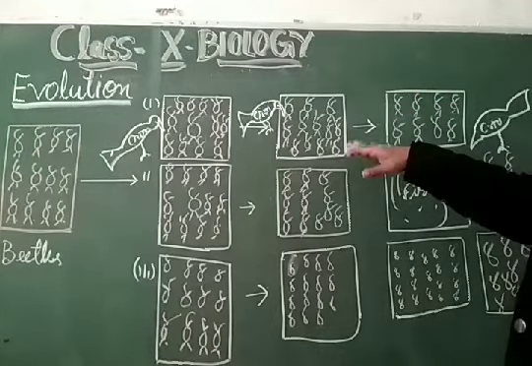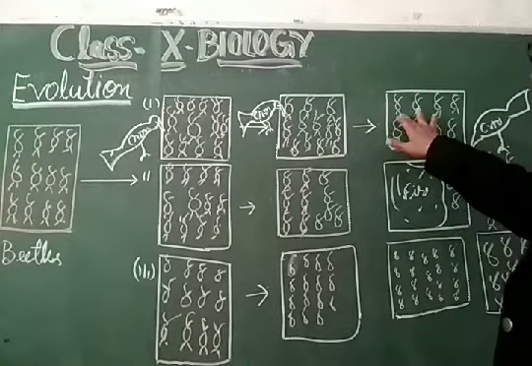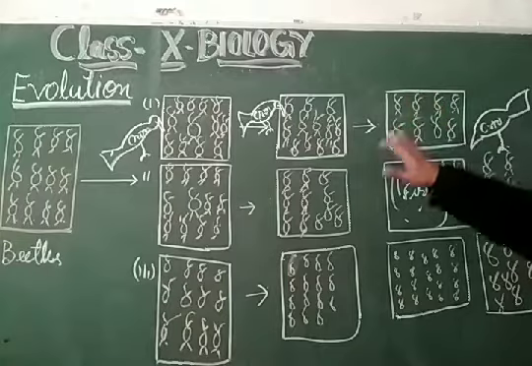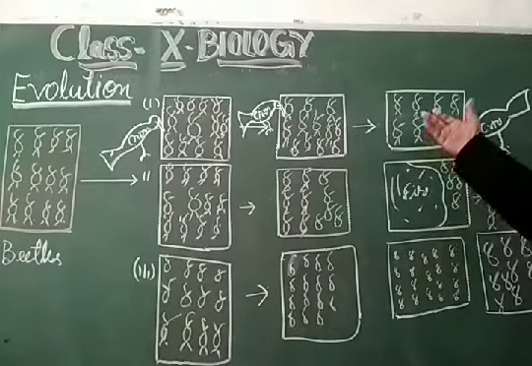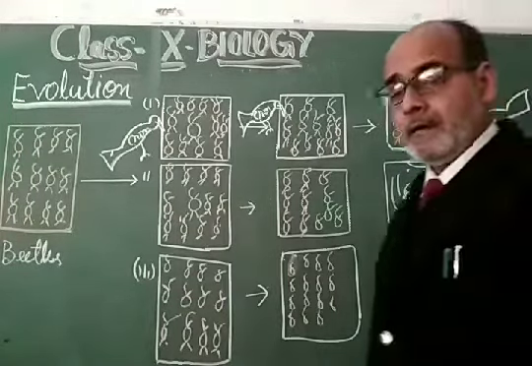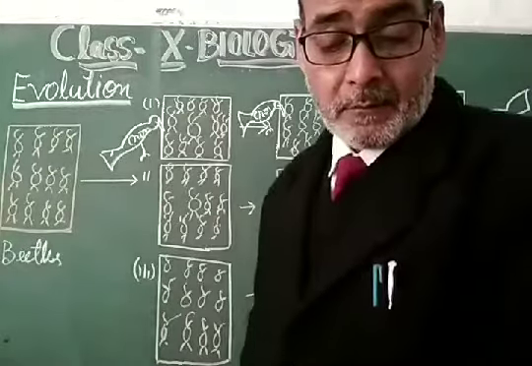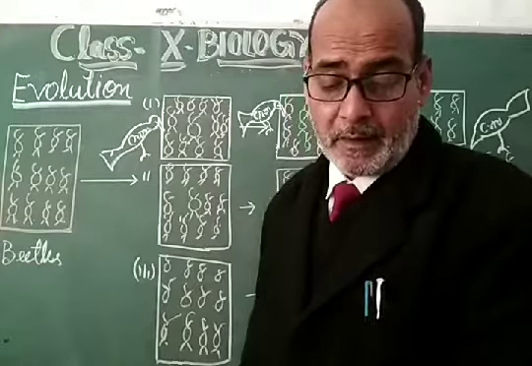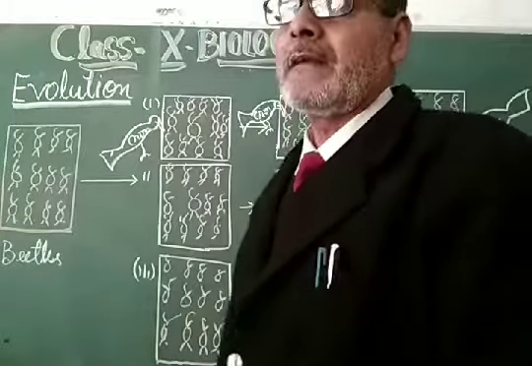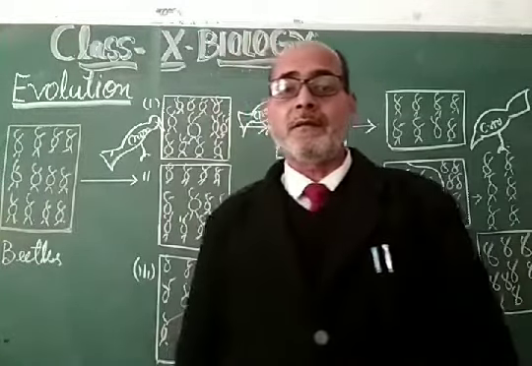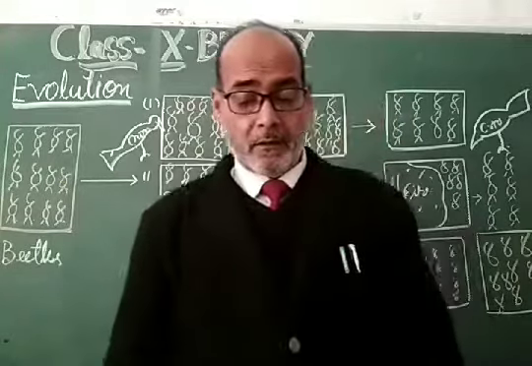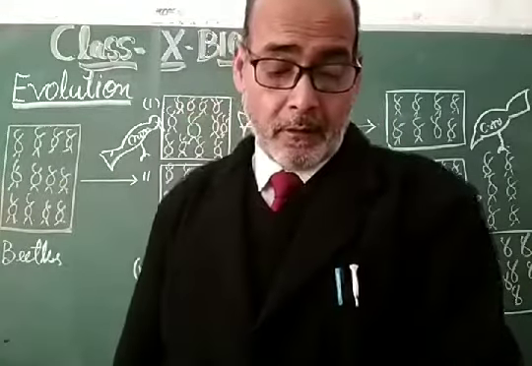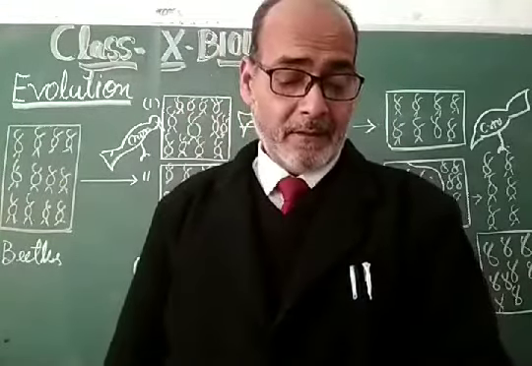That is why these beetles are said to be selected naturally, so that they can survive for a long time. So Darwin plays a very important role in the field of evolution, and you will be able to understand the details about Darwin's theory, about the origin of life, about speciation in detail in the next video.